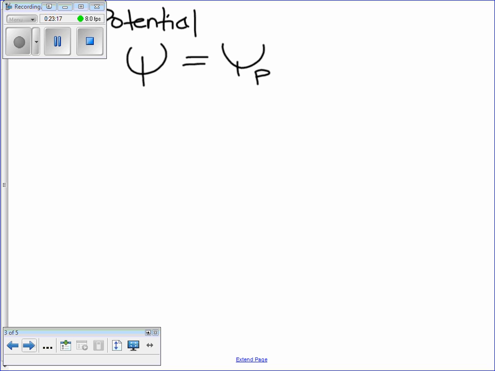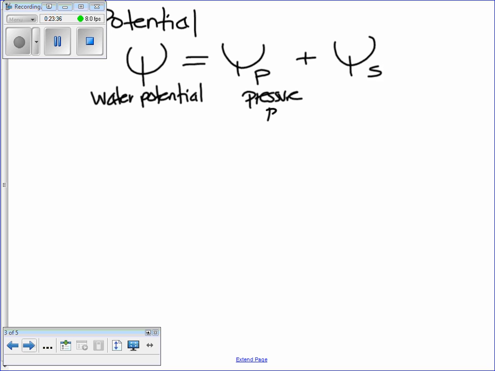That plus what we call solute potential, which is psi s. So this is water potential, this is pressure potential, and this is solute potential. Those are the two key factors that affect water potential.